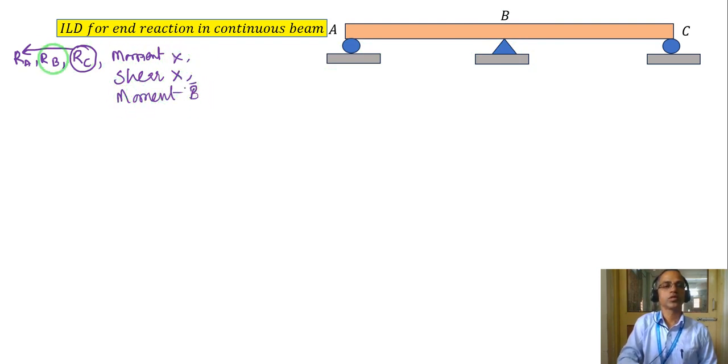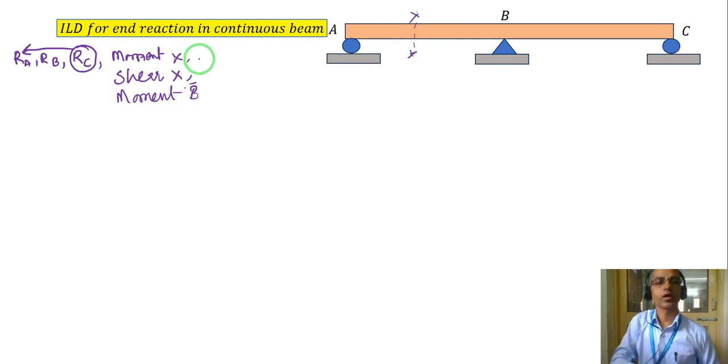So these three plus these two: RA, RB, moment at X, shear at X, and moment at B. So these 5 types of ILDs you should learn.